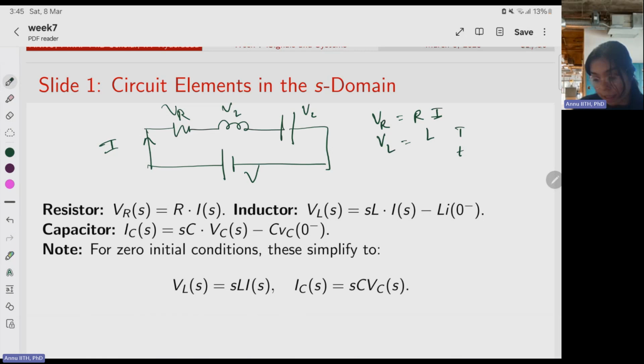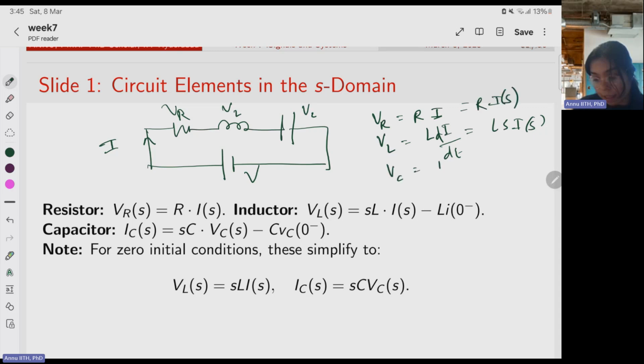If it is in the S domain, how will you write? That is L S I(S). This is simply R I(S).